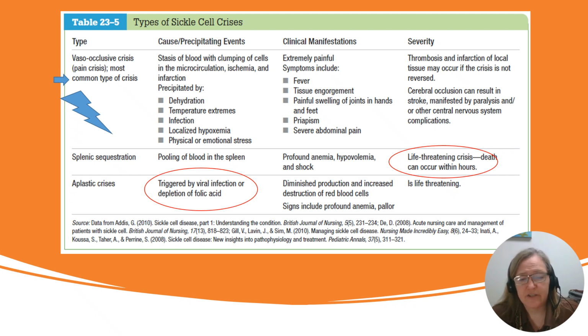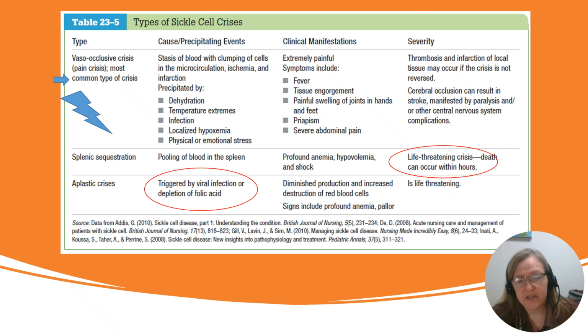But if they don't get in for blood transfusions, they can be very depleted, and that's why it's called anemia, right? Sickle cell anemia. They need to have folic acid to continue making their own red blood cells. It's very important that they continue to make their own red blood cells.